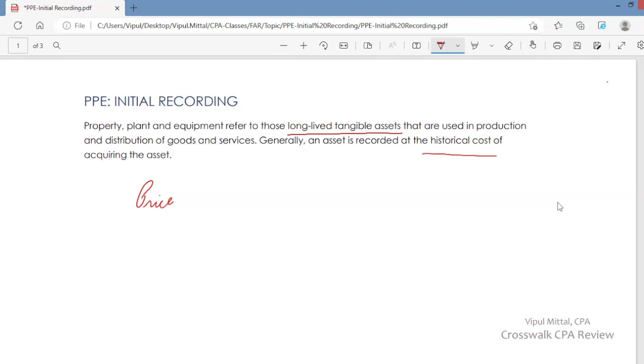You also incur transportation cost. You incur installation cost. You also sometimes incur certain repair cost.